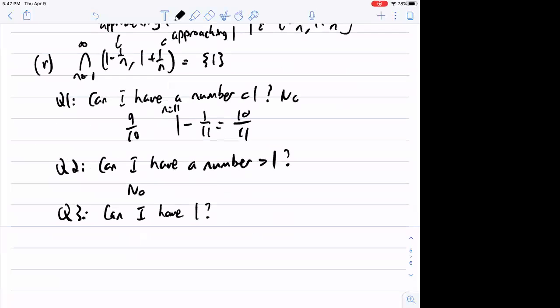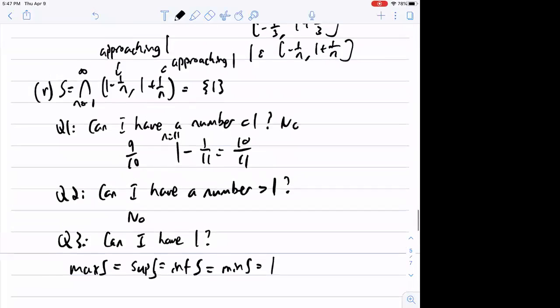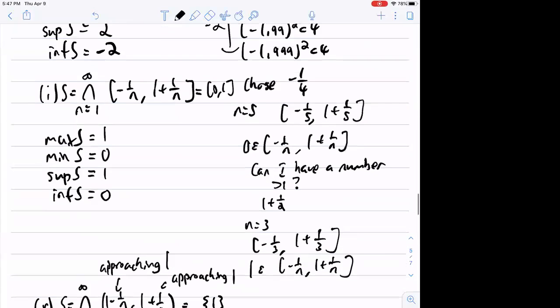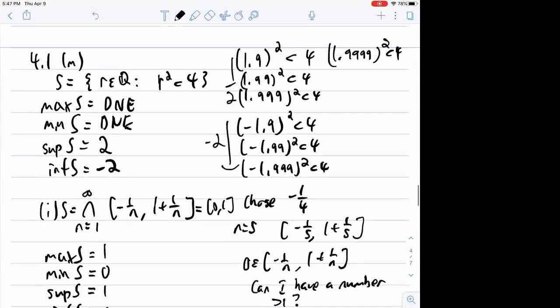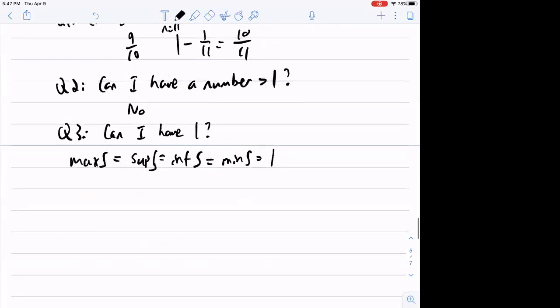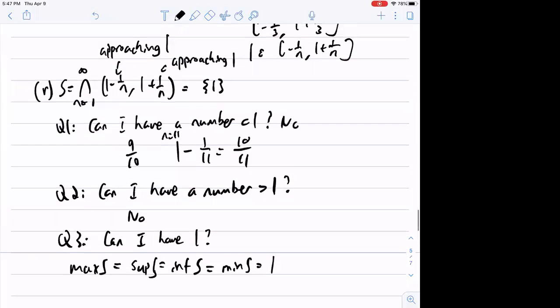If this is S, then the max of S equals the sup of S equals the inf of S equals the min of S. It's just 1. Hopefully this makes things clear, like how to calculate sup, max, inf, and so forth.